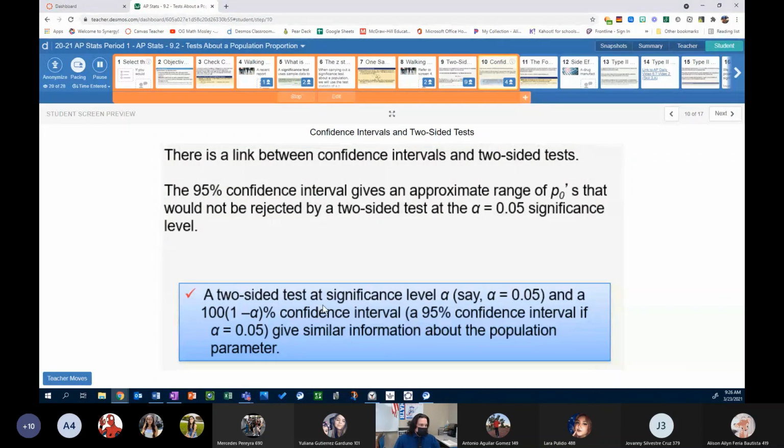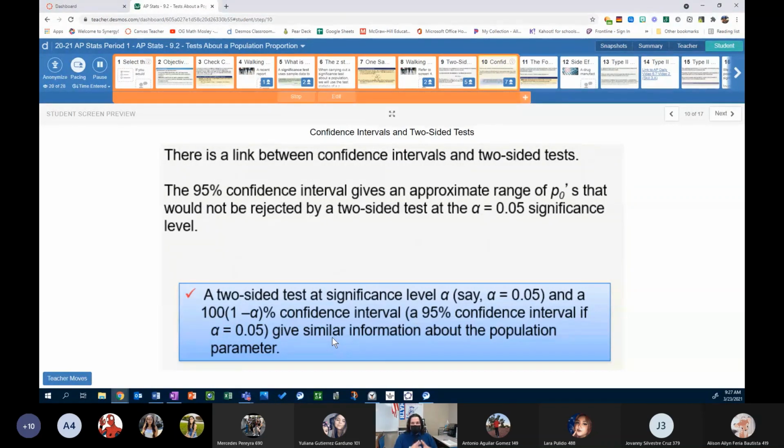A two-sided test at significance level alpha equals 0.05 and a 100 times (1 minus alpha) percent confidence interval, a 95% confidence interval, if alpha equals 0.05, give similar information about the population parameter, right? Meaning that if my significance level is 0.05, I could calculate a 95% confidence interval to find the plausible values of the proportion.